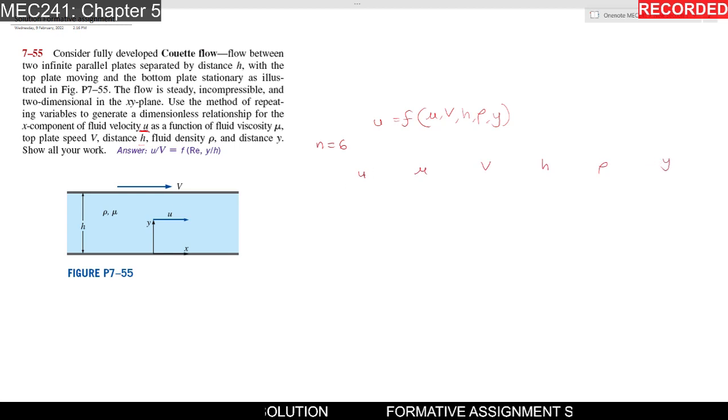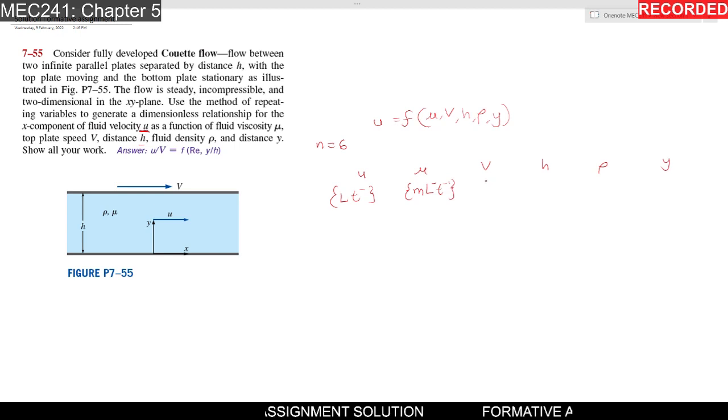Okay, so the dimension of the velocity is length over time, right? Distance or displacement over time. So L t to the minus 1. Okay, so this is the dimension for u. For the viscosity, M L to the minus 1 t to the minus 1.